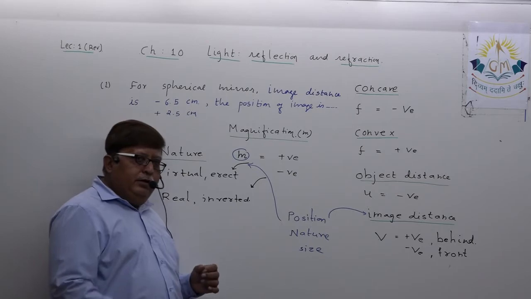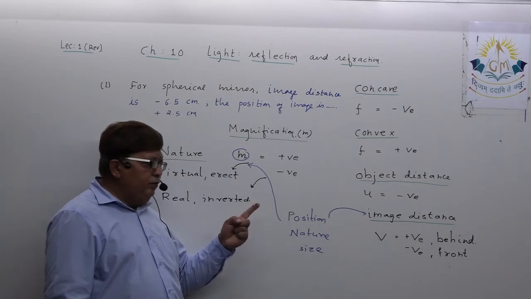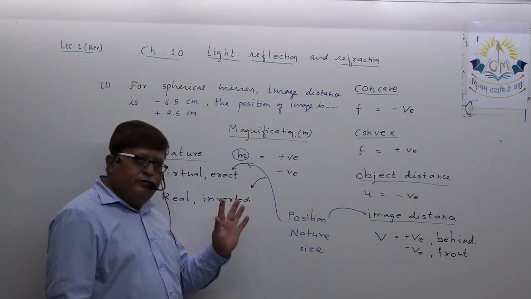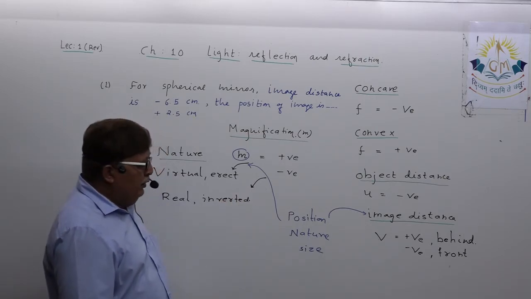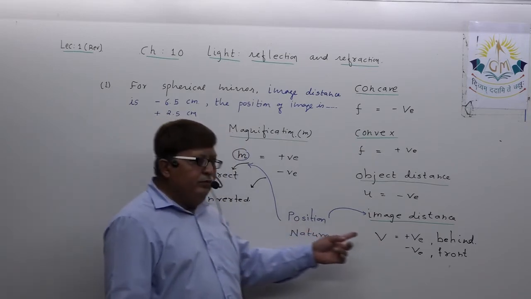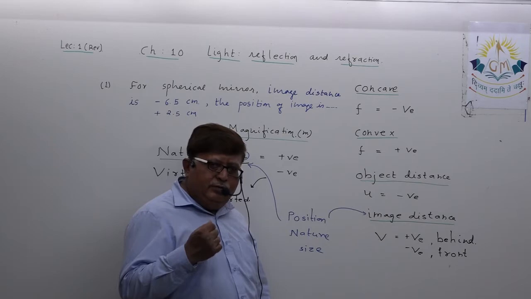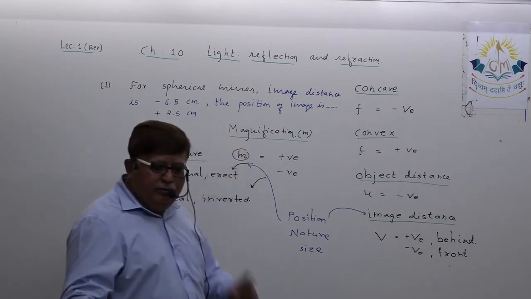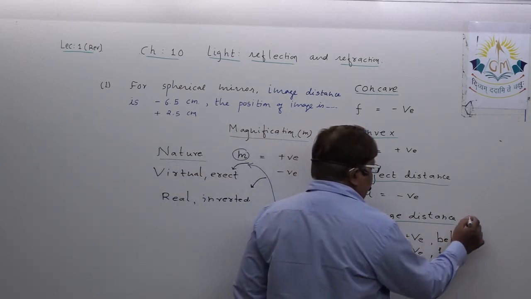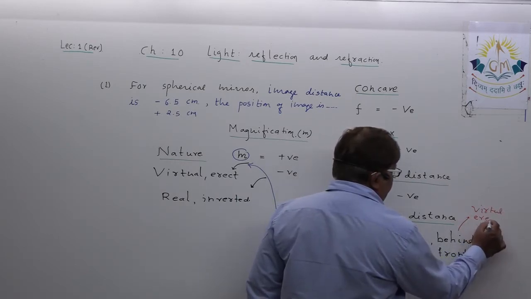Next, nature. The value of V always gives you an idea regarding image position. And dear student, one clue point I can share with you: V positive means image is behind the mirror, and whenever you get an image behind the mirror, it is always virtual, and virtual obviously erect.